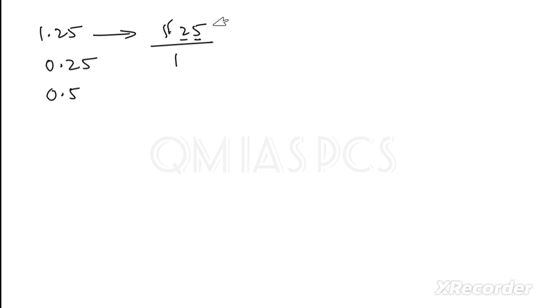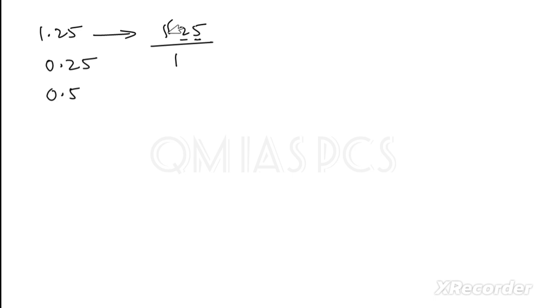The basic thing about decimal is what? When we are writing 1.25 or 0.25 or 0.5, simply write 1.25 and remove the decimal. Whenever you remove the decimal, there is always a 1 in the denominator. Then count the number of digits after the decimal point.